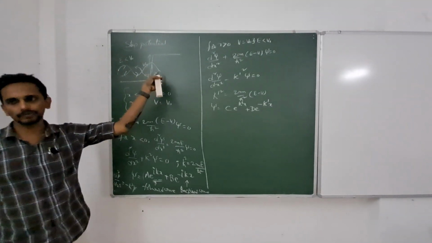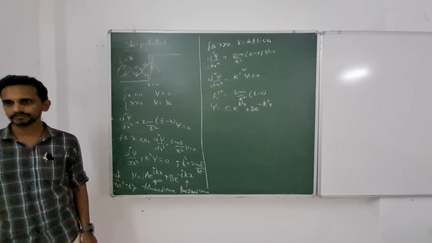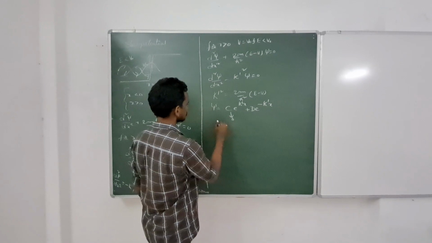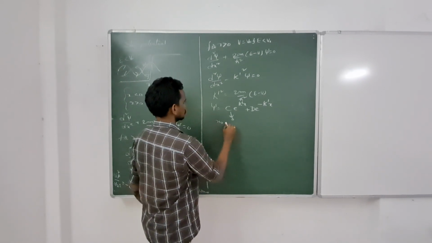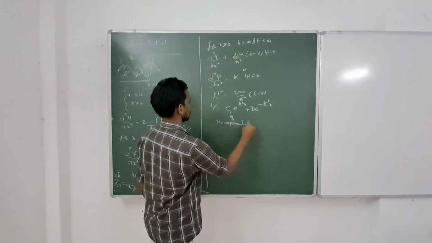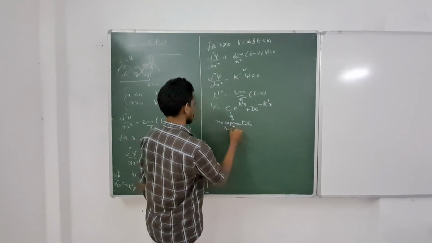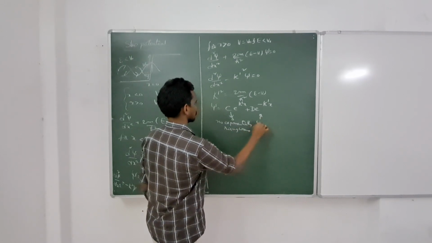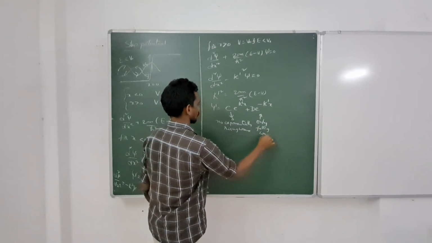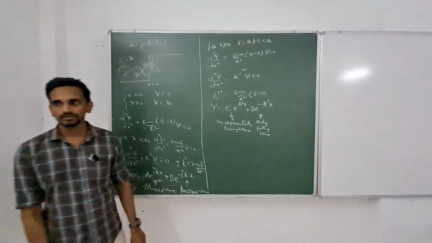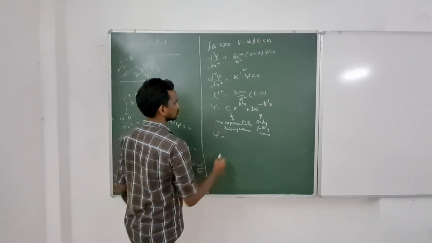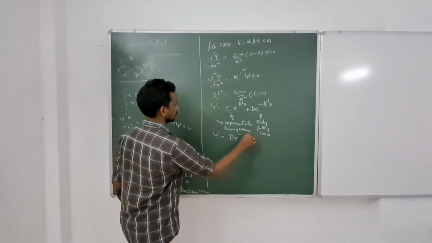There is a certain probability of penetration. So, no exponentially rising wave. Only falling wave. So in the second region, only exponentially falling wave exists. So the solution is ψ is equal to D e power minus k' x.